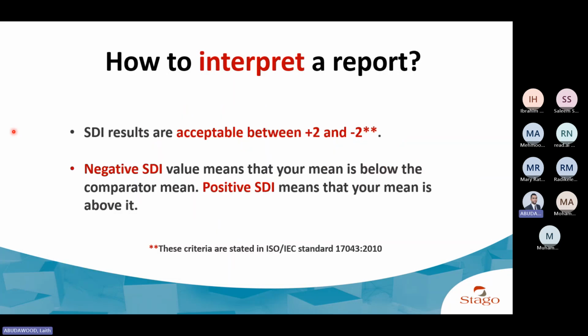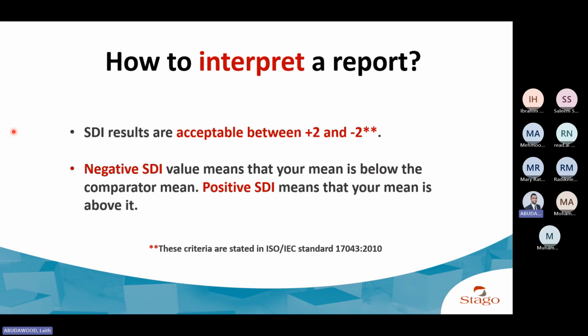Okay, now how do I judge if my results are acceptable or not? If you remember again, SDI is the main criteria for you to know. SDI is acceptable if it's between +2 and -2. Who decides on that? ISO did. Of course, there are more details to that, but simply if your SDI is between +2 and -2, you are good. Your survey is acceptable.